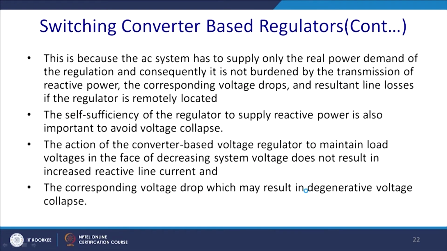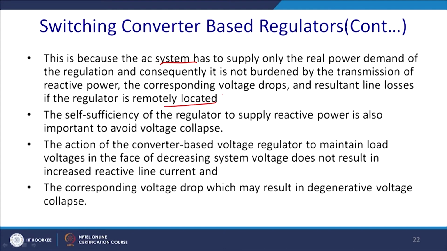This is because the system has to supply only the real power demand of the regulation, and consequently it is not burdened by the transmission of reactive power. The corresponding voltage drop would result in line loss if the regulator is remotely located. This is actually one of the drawbacks.